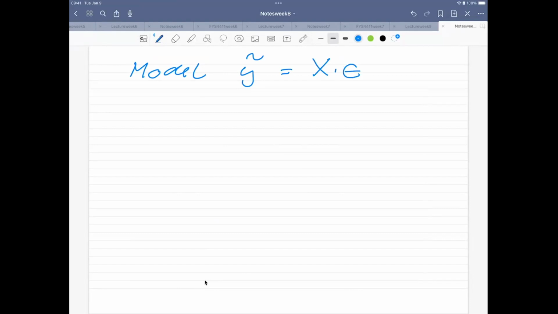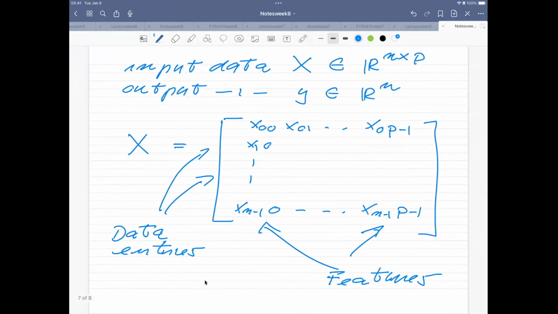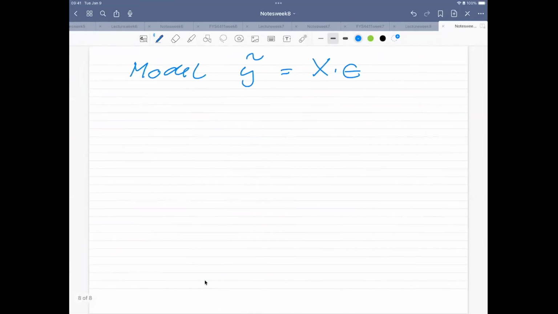This is linear, and you optimize by taking the gradient of the mean squared error between y tilde and the data you want to reproduce, this y. Then by taking the gradient, you can find an analytical expression for the parameters theta hat. These are the optimal ones, and that's given by the inverse of this matrix, X transpose X, multiplied with X transpose Y. So this is ordinary least squares.